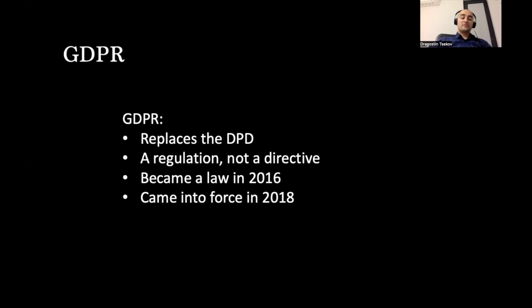But the biggest difference between the two is that while the DPD was a directive, the GDPR is a full-blown regulation, which means that while the former is not so mandatory in nature, the regulation, which is the GDPR, actually is.